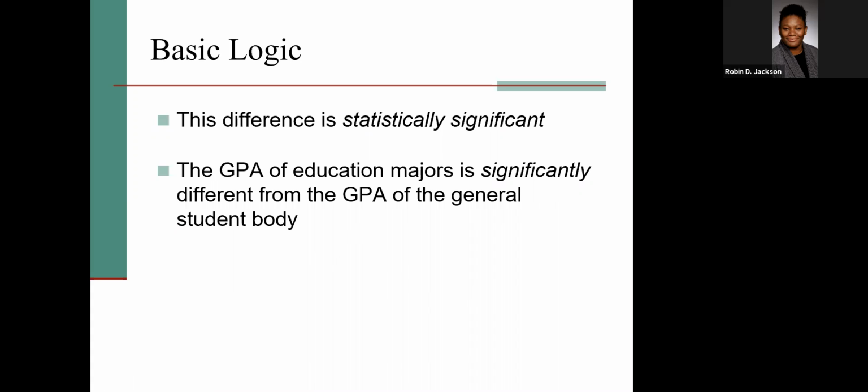Okay, this is another way of saying what I said on the previous screen. Remember, if the probability is less than 0.05, the calculated or observed z-score will be beyond a plus or minus 1.96, which is the critical z-score. So the observed z-score, that's the one that you calculate.